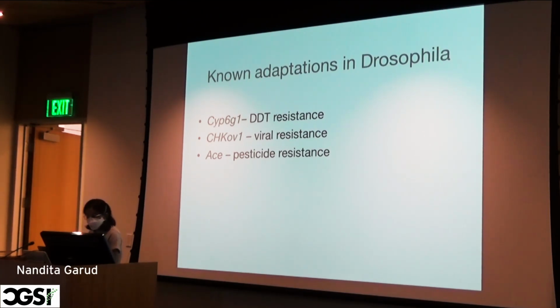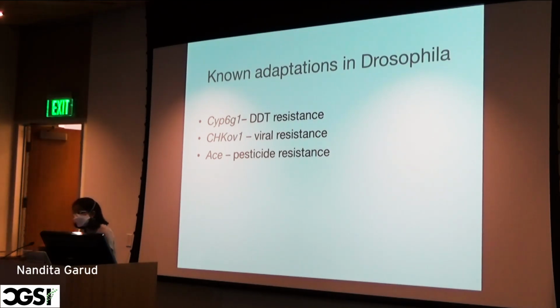These confer resistance to viruses and pesticides, and they have been experimentally characterized, and discovered through experimental means, not through genomic scans. So these provide really nice positive controls for us as we develop an approach to look for cases of positive selection.